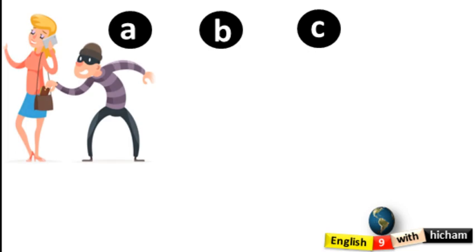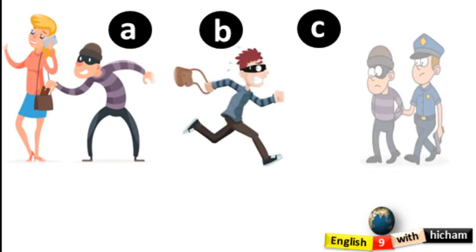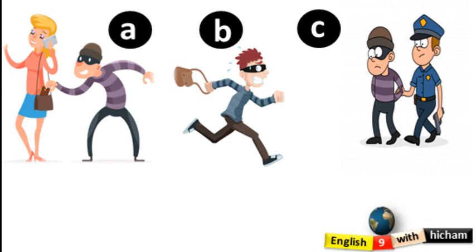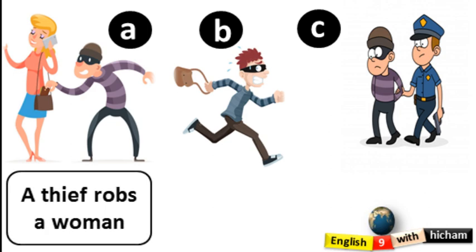So this is going to be picture A, and this is going to be picture B, and this is going to be the last picture, picture C. And now we shall discuss why we chose this sequencing of the pictures. This is picture A because the thief robs a woman. This is the starting point of the story.